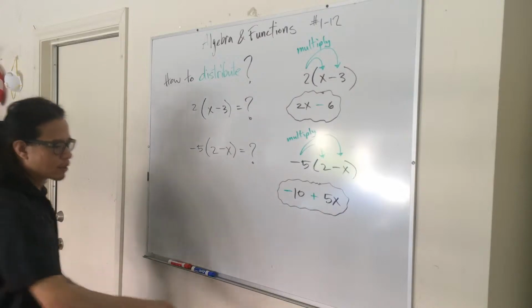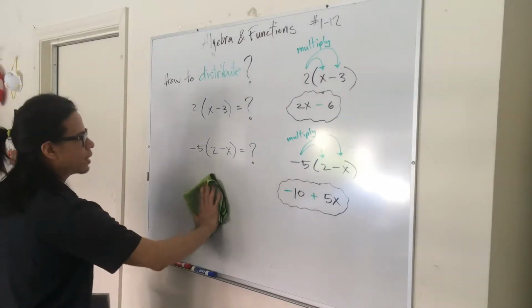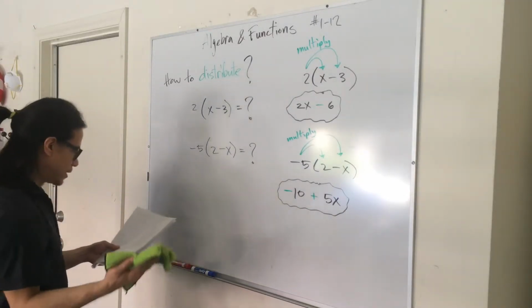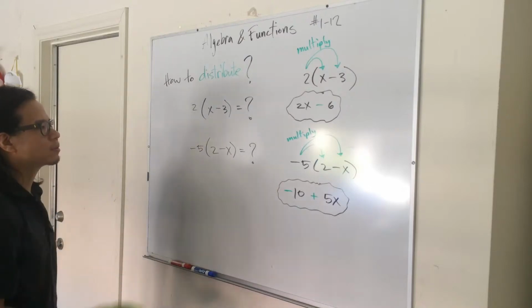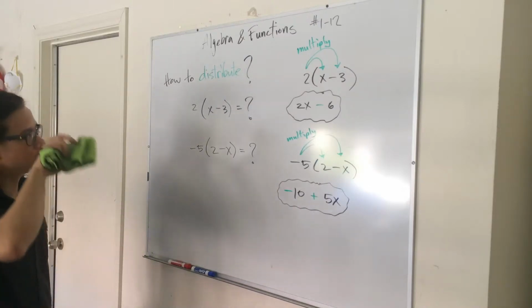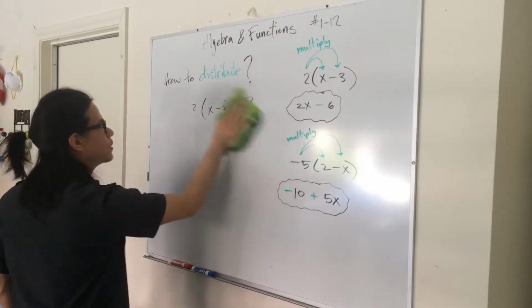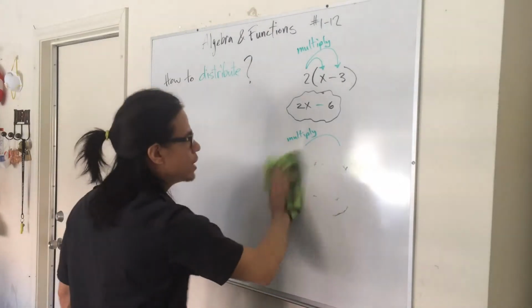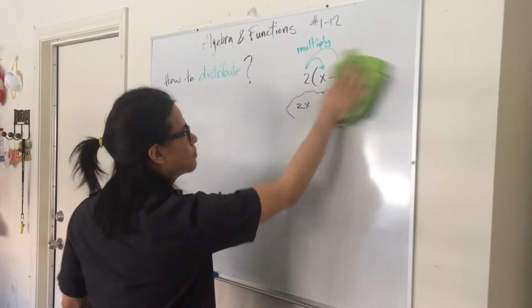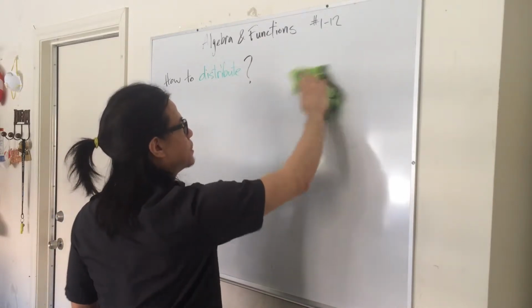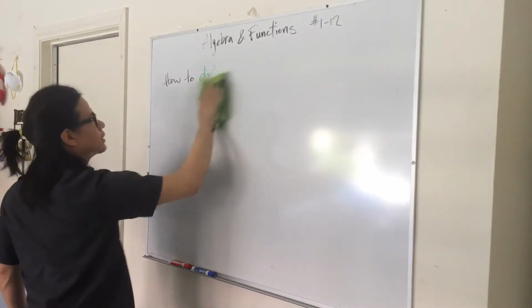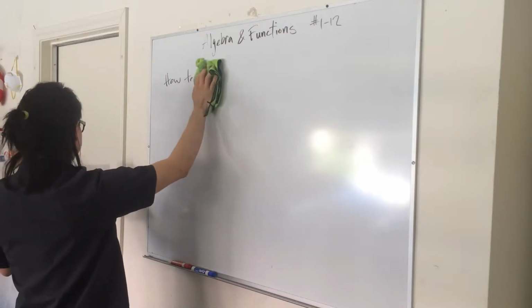Let's see how we can apply this knowledge towards solving an equation. Give it a moment to let this sink in, and then we'll move on to solving an equation where you would need to apply the distribution property in order to find out the answer.